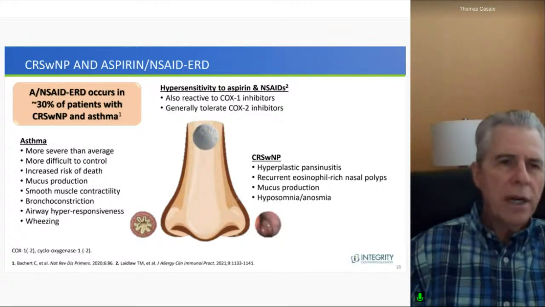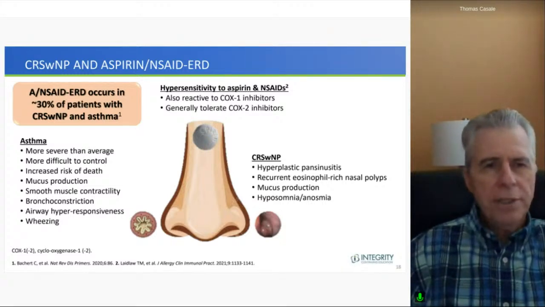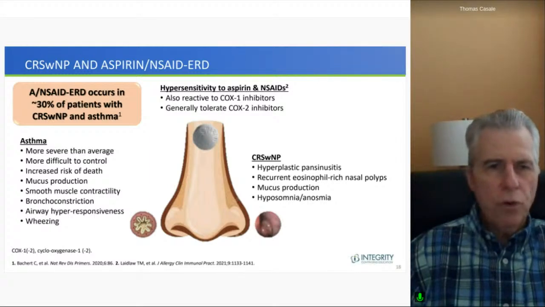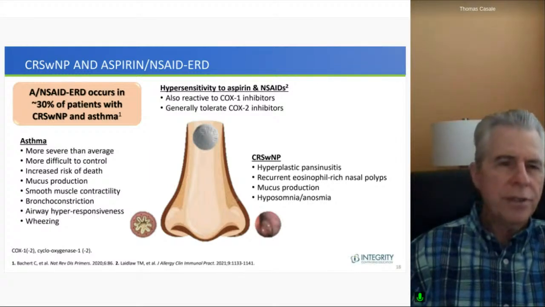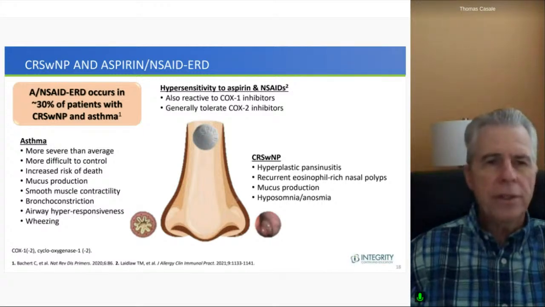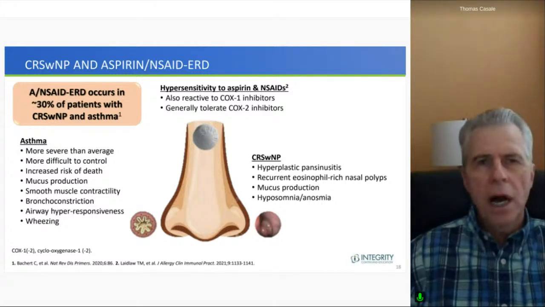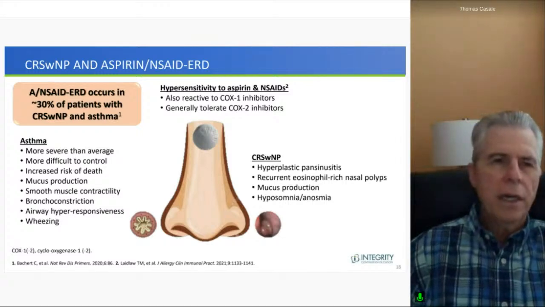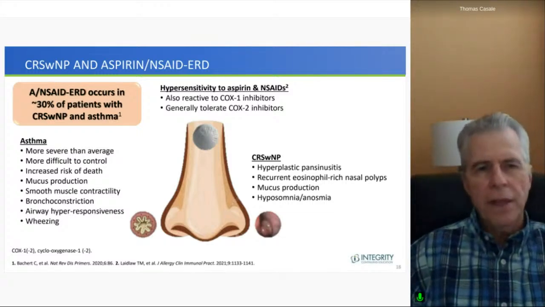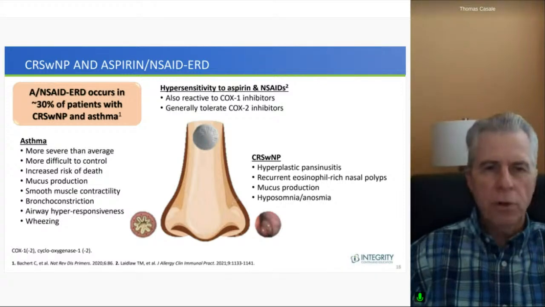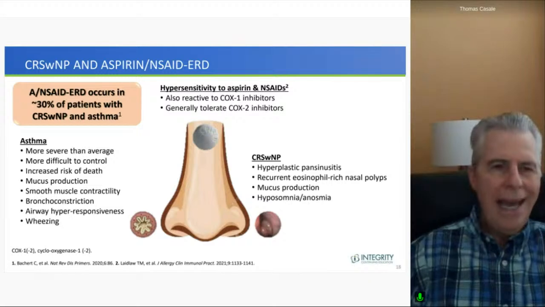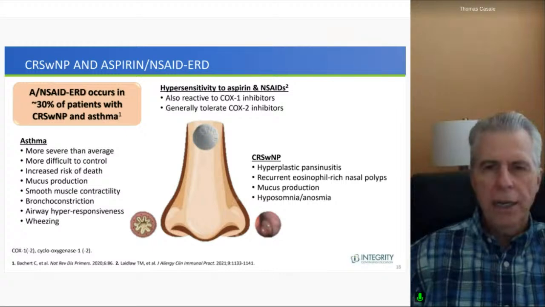These patients tend to have asthma that's more severe than average and more difficult to control, with increased risk of death, usually from an overwhelming upper and lower respiratory exacerbation of their diseases when they're exposed to a non-steroidal. And they often present with overwhelming mucus production in the upper airways as the first symptoms, but then develop severe bronchoconstriction and wheezing.